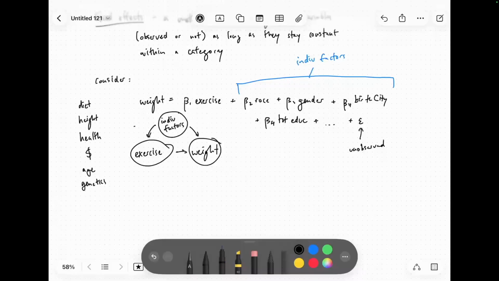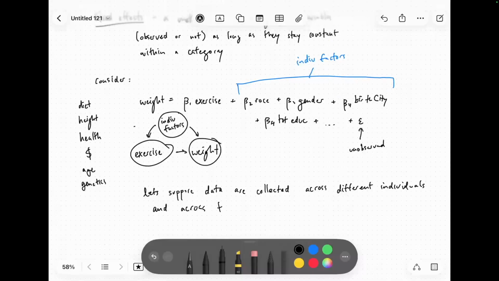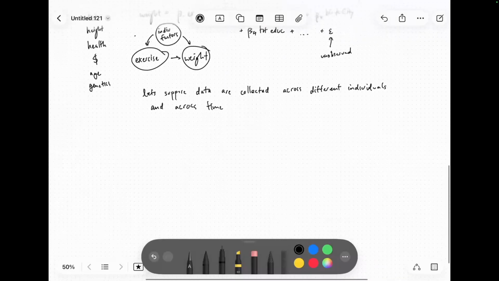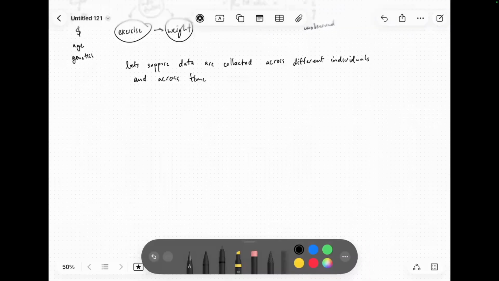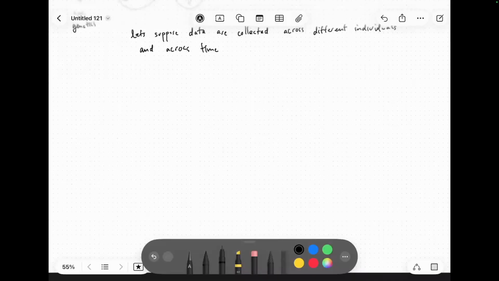So let's now suppose data are collected across different individuals and across time. Let me draw an example of what a table might look like.